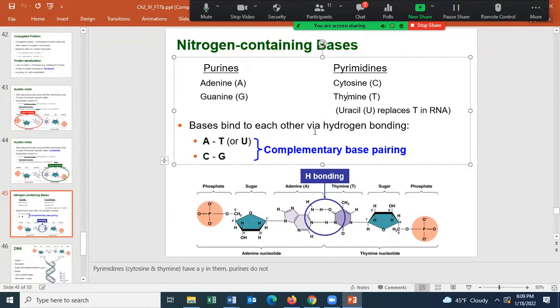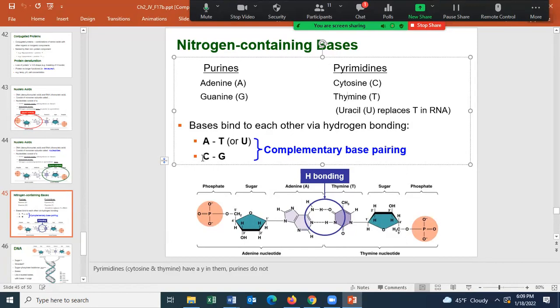All right, so the bases bind to each other. And this binding is by hydrogen bonding. A hydrogen bonds with T, unless we're talking about RNA, in which case A hydrogen bonds with U. And we won't usually talk about RNA.